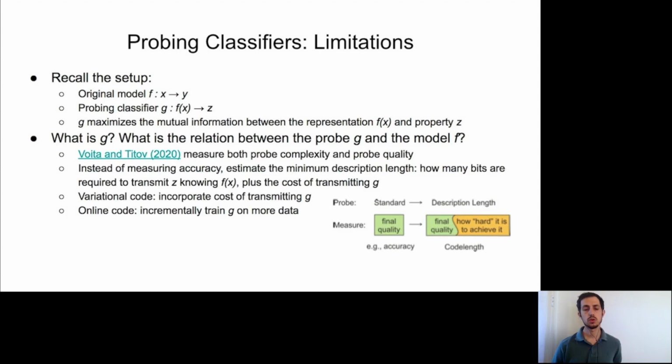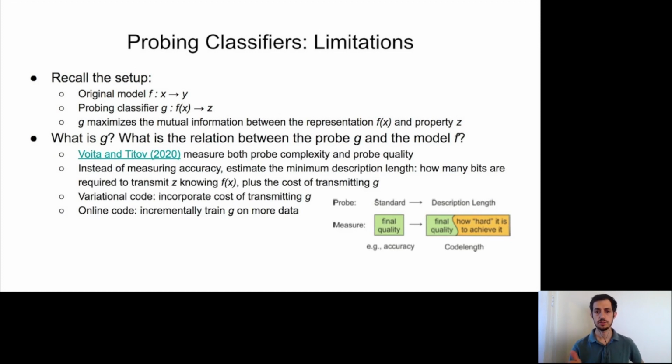A different way to look at the relation between the probe and the model is offered by Voita and Titov. They propose to measure both the complexity of the probe and the quality of the probe. So rather than reporting just accuracy, they estimate the minimum description length, meaning how many bits are required to transmit the property Z if you know the representation F. In addition, they report the cost of this transmission, which together they call the code length.